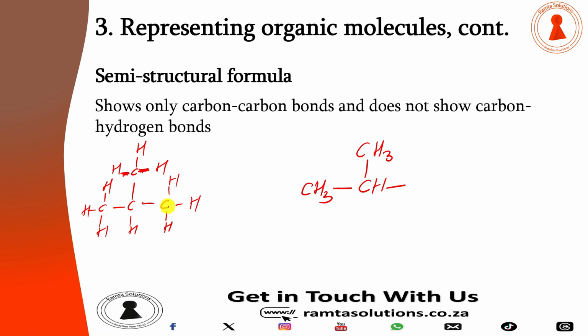And this one here is bonded to 3 hydrogen atoms. Do you see this? This is your semi-structural formula. Remember, the semi-structural formula does not show carbon-hydrogen bonds. It's only showing carbon-carbon bonds.